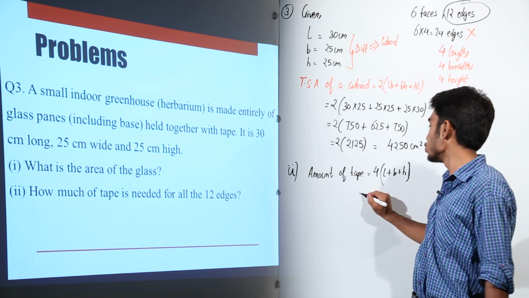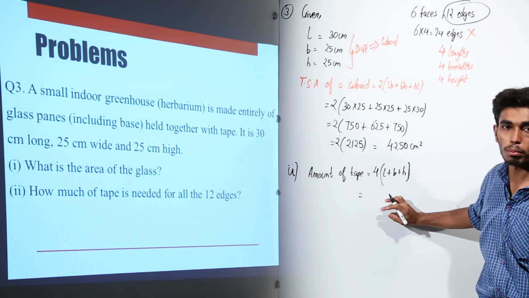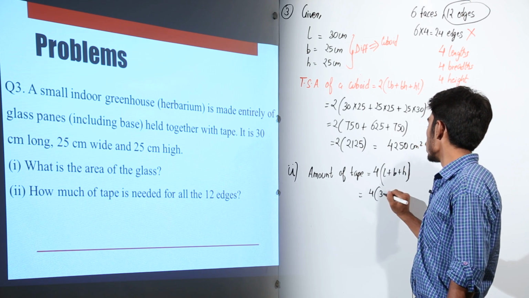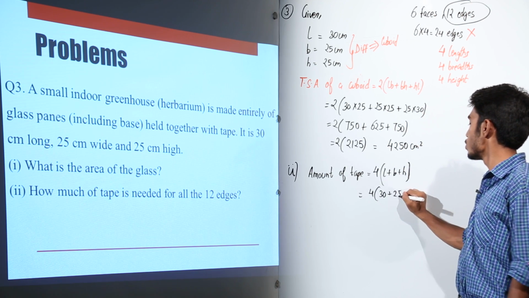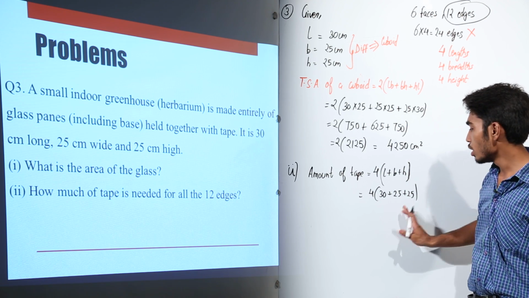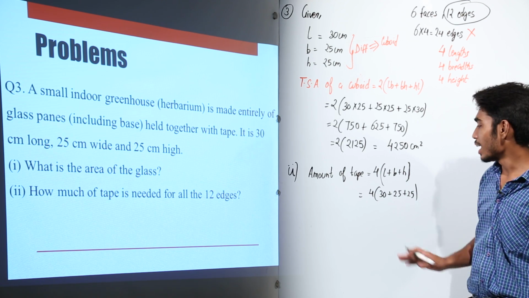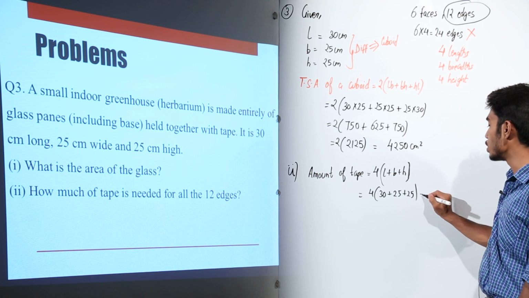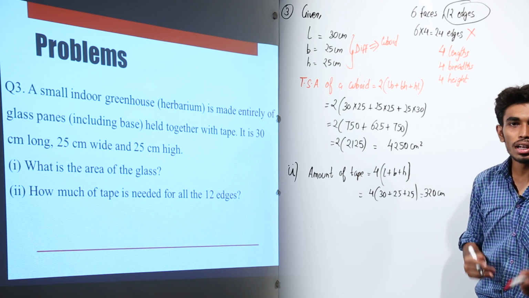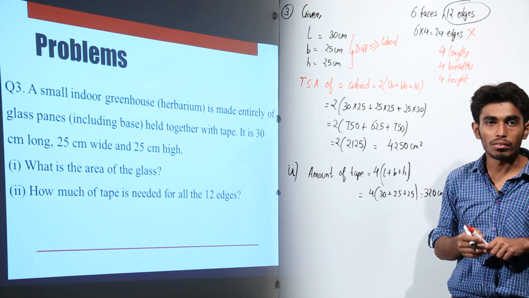So I can substitute the values of L, B and H in this formula. That would be 4 into 30 plus 25 plus 25. Now 25 plus 25 is 50, 50 plus 30 is 80 and 80 into 4 is 320. This comes out to be 320 centimeter. So we would be needing 320 centimeter of tape.